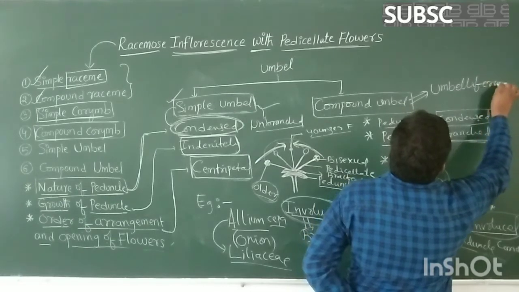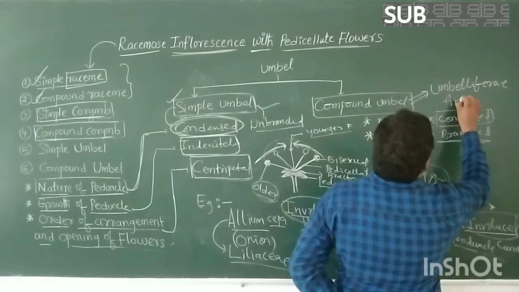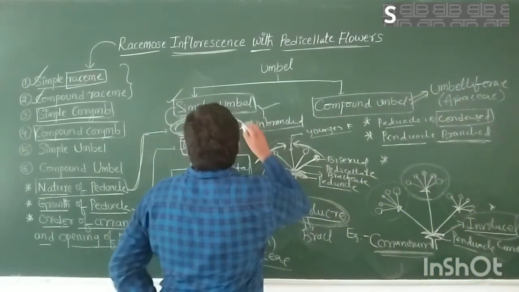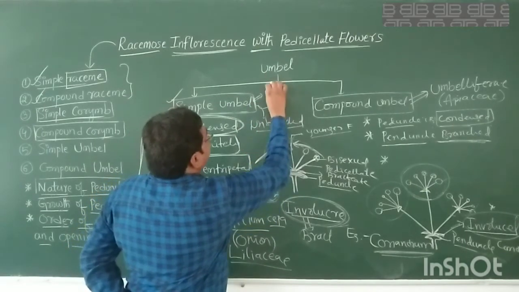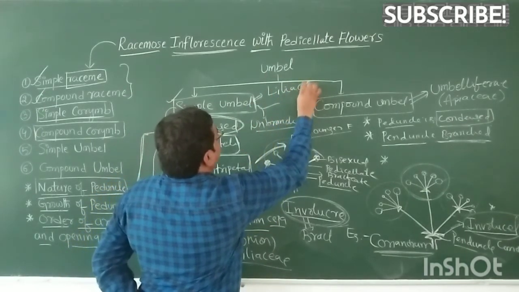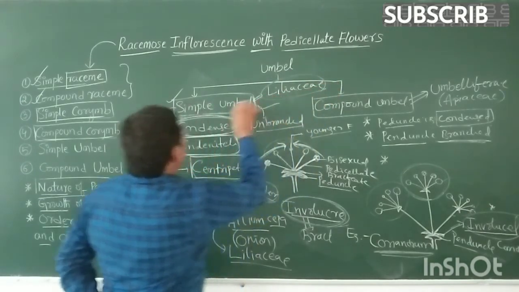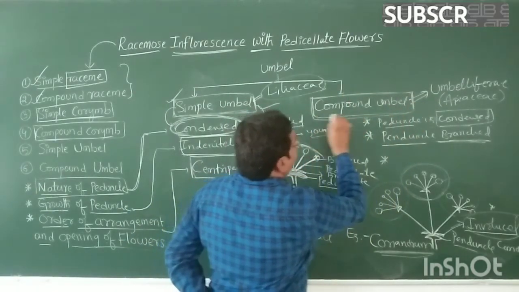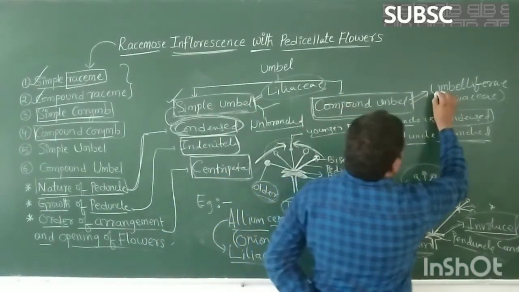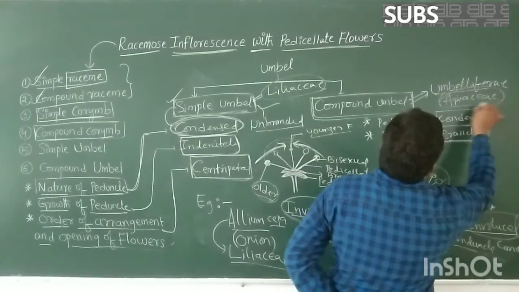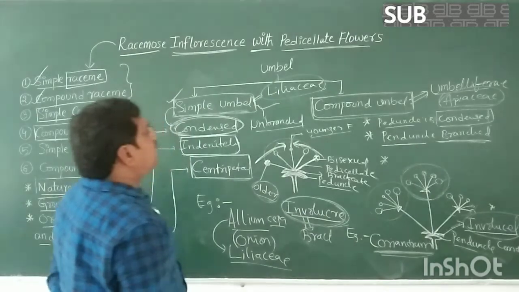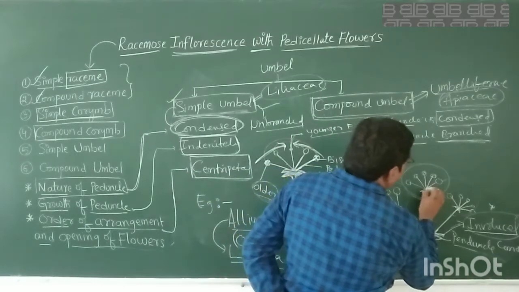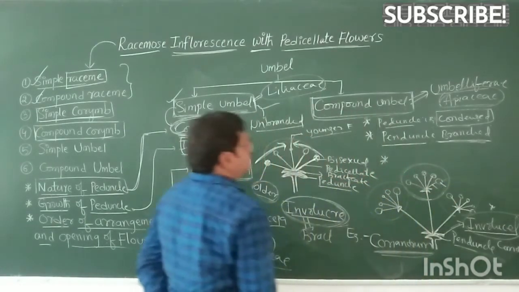Simple umbel is the characteristic feature of the Liliaceae family. The Umbelliferae family, also known as the Apiaceae family, has the compound umbel as its characteristic feature. So in this compound umbel, the flowers are bracteate, pedicellate and bisexual flowers.